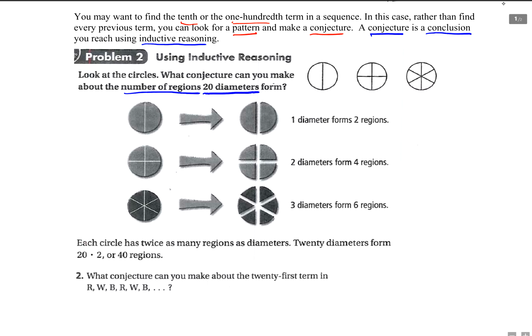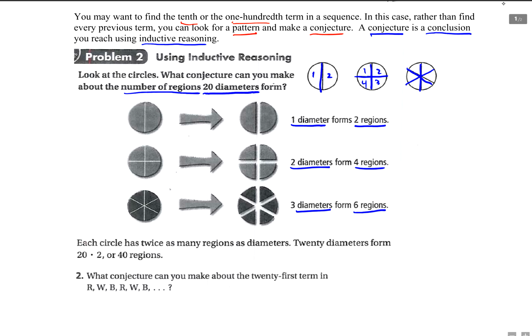All right, so let's look at our circle. We draw one diameter. There's our first diameter. How many regions do we have? We have 2. What if we draw 2 diameters? 1, 2, 3, 4. What if we draw 3 diameters? Then we have 6. So 1 diameter forms 2 regions. 2 diameters, 4 regions. 3 diameters, 6 regions.